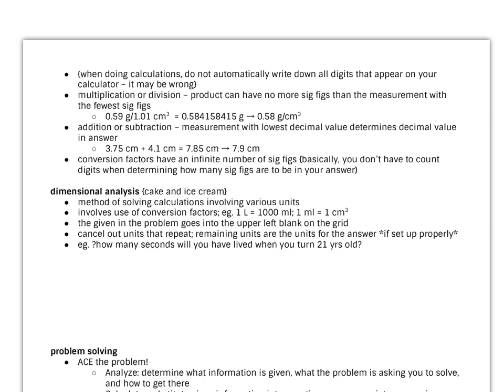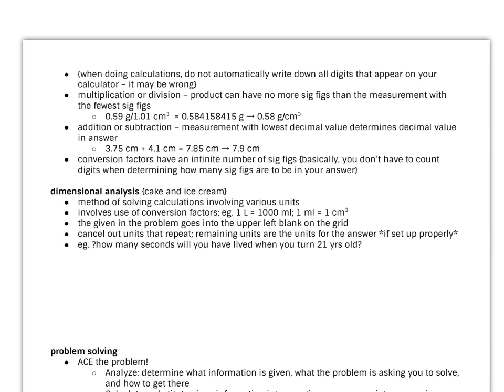It may be wrong because of the number of meaningful digits you have to put in your answer. It might spit out five digits, and you only need a certain number of them. Okay?